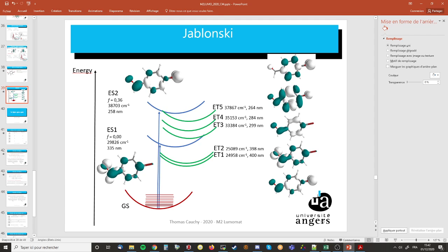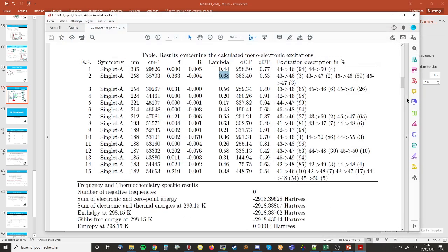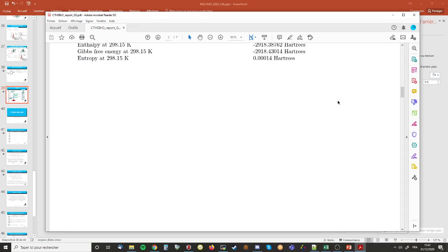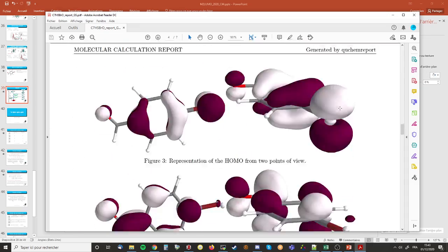You can understand it again by looking at the orbitals, and maybe here you see that this transition is mainly, 89%, the HOMO-LUMO. So if you told me that this one is the HOMO-LUMO, so this is the second excited state, and I don't have the EDD, I can look at the orbitals.